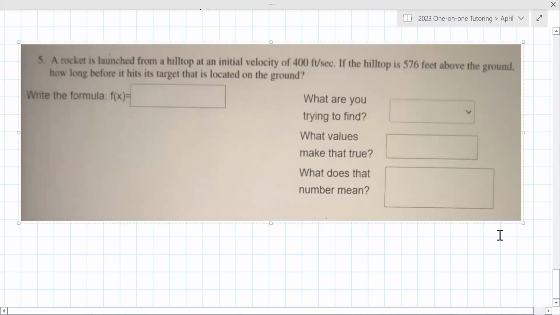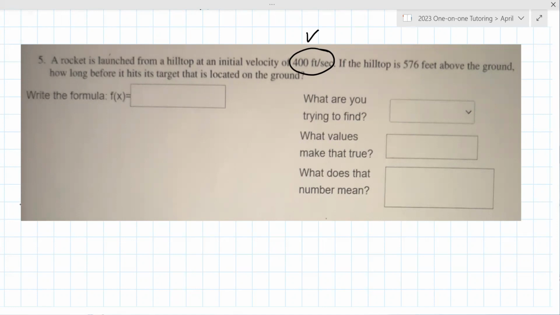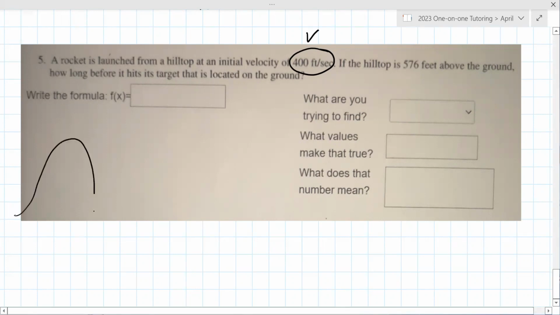All right, a rocket is launched from a hilltop at an initial velocity of 400 feet per second. That's the velocity. If the hilltop is 576 feet above the ground, how long before it hits the target that is located on the ground? If you want a drawing here, here's the rocket and it goes up and hits the ground.